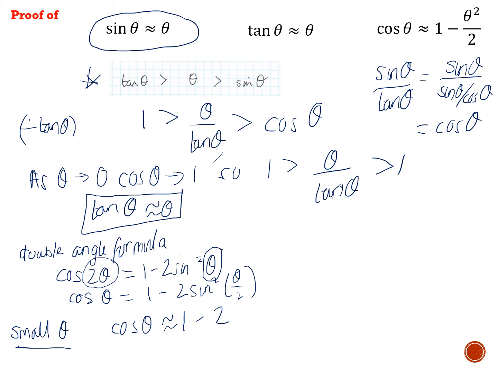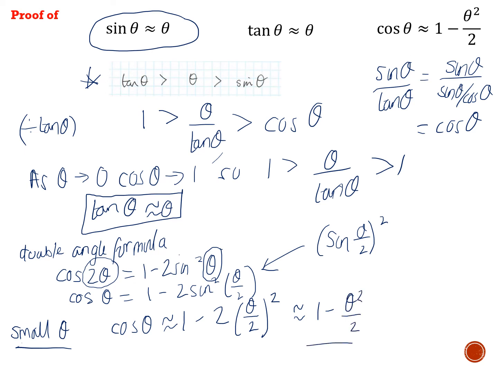So sine squared theta over 2, remember what that's going to be. That's the same as writing sine theta over 2 all squared. This is going to approximate to theta over 2 all squared. Okay, and that, if I simplify it, gives me 2 theta squared over 4, which gives me theta squared over 2. So that gives me my cos theta small angle approximation.